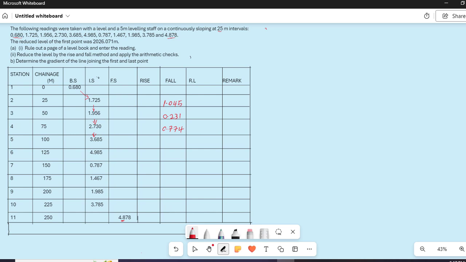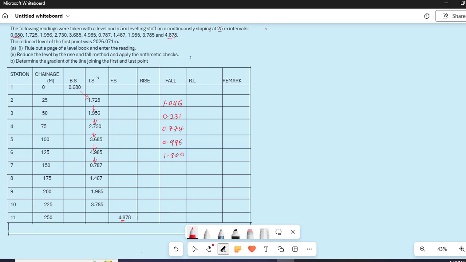This one is giving me 0.995. Then the other one is 3.685. We minus 4.985, and I'm getting 1.300.